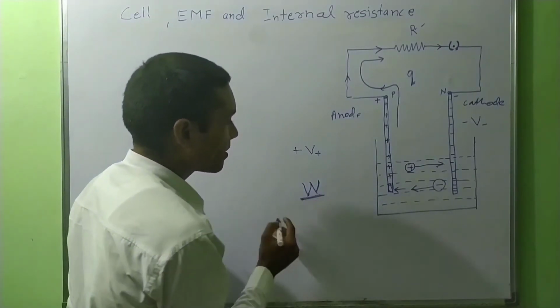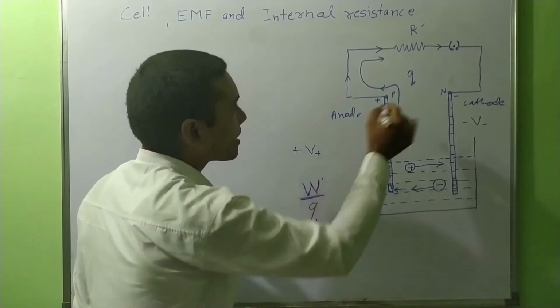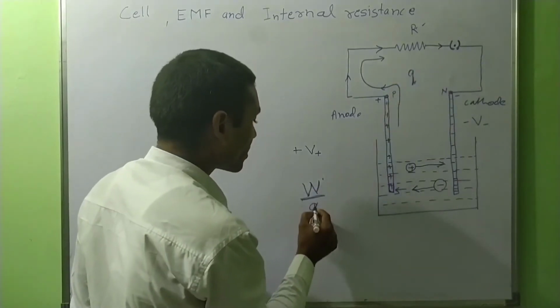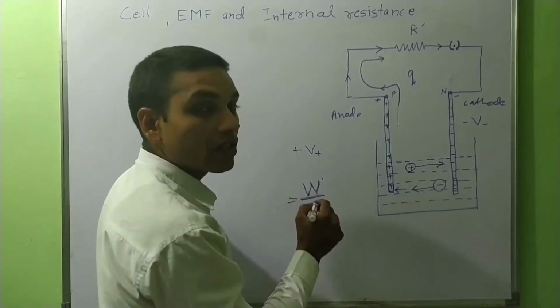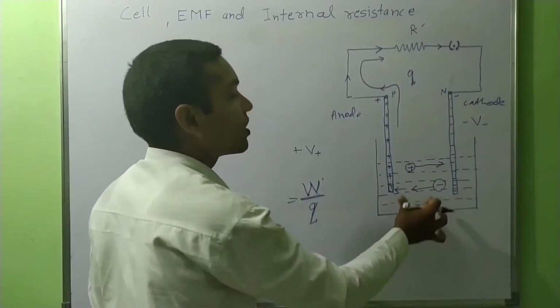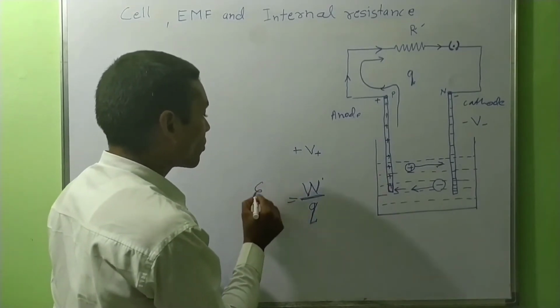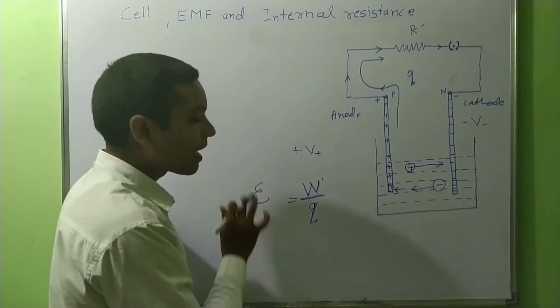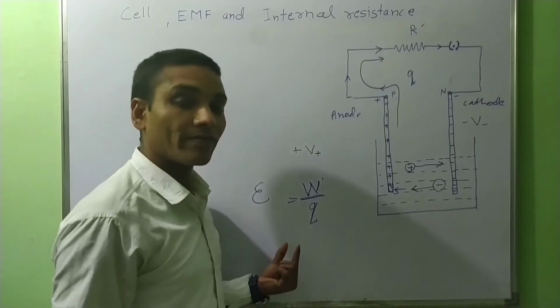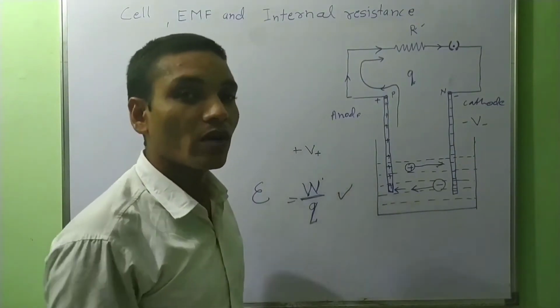So what is the definition here? The work done in carrying the unit charge through the whole circuit, including the electrolyte, is equal to the electromotive force, and it is denoted by epsilon. So this is the formula or expression for the electromotive force.